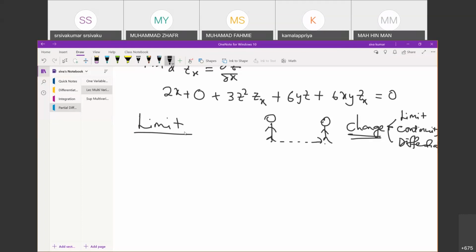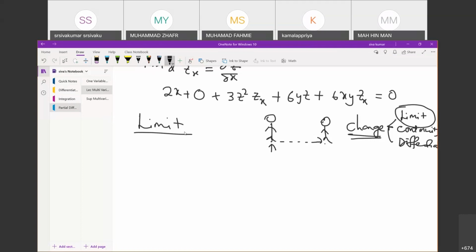What about the limit first? Let us try to understand the concept called limit first. Limit will make sure that the person you are seeing here exists or not. This guy can be a ghost, we don't know. We want to really make sure this guy is there, that I can see him clearly and I know the existence of this person.